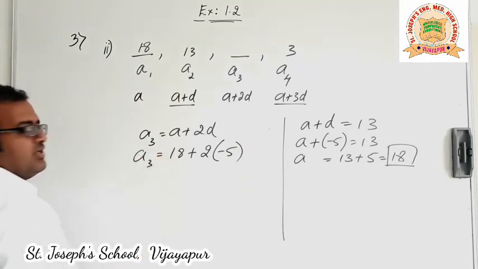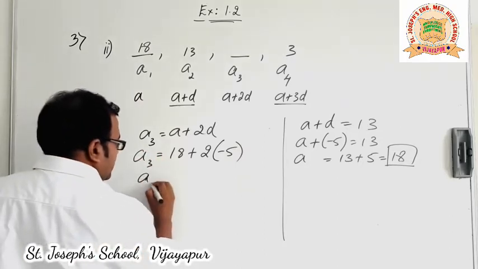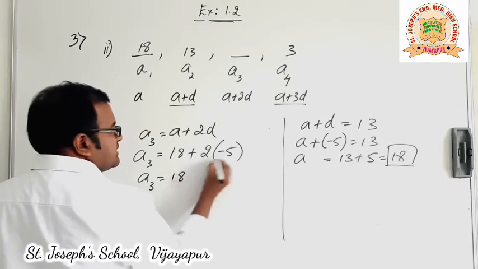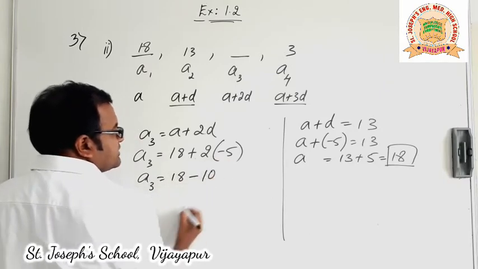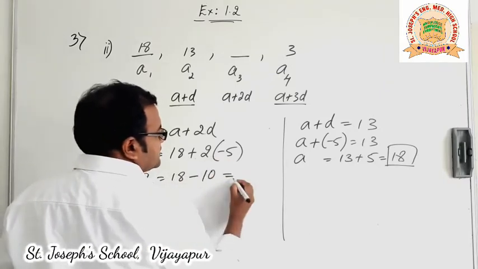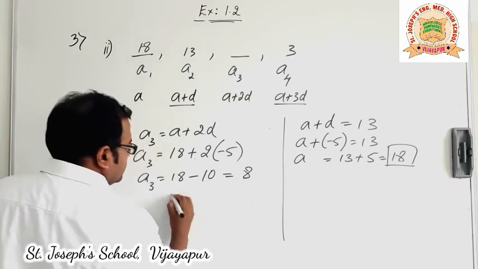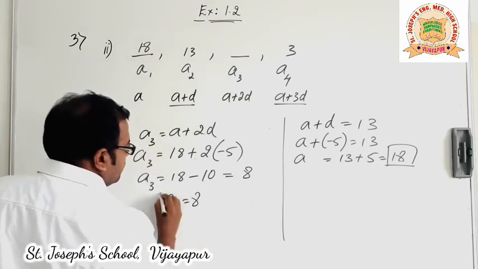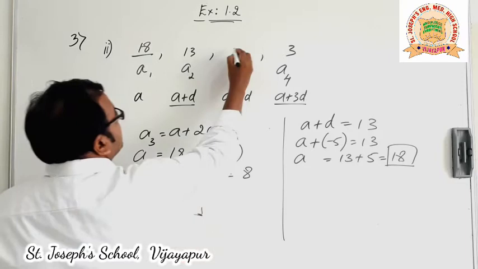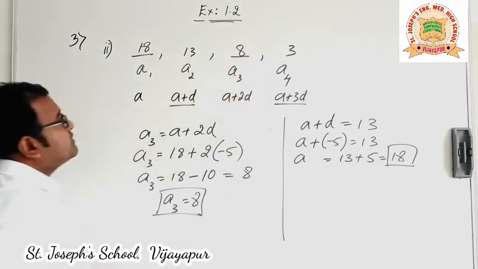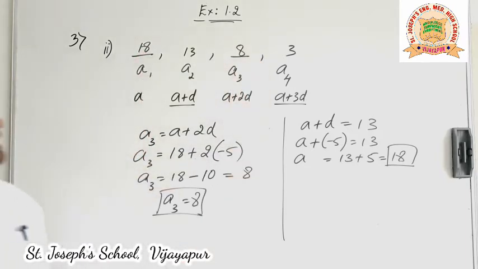So that is A3. Further, A3 is equal to 18 plus 2 into minus 5, minus 2 5s are 10. 18 minus 10 is 8. So our A3 value finally is 8. Let me fill that at this gap. So this is the required AP with the missing terms 18 and 8.